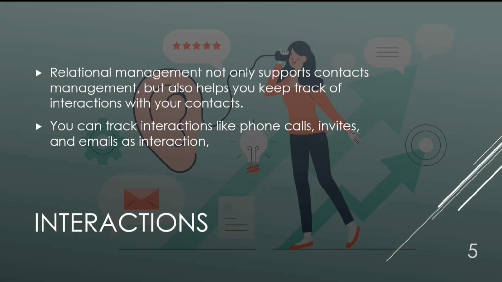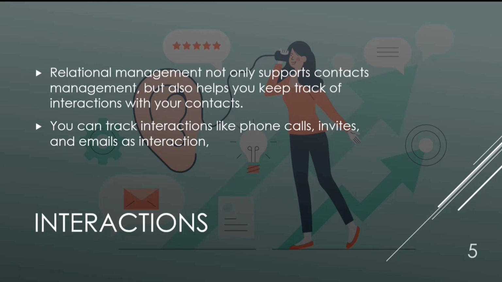Next one is interactions. Interactions means when a salesperson tries to communicate in any form with the contacts, then it is called interactions. So for an example, a salesperson has a phone call with the contact, like a company or it could be a CFO or CEO, then it is called interaction.